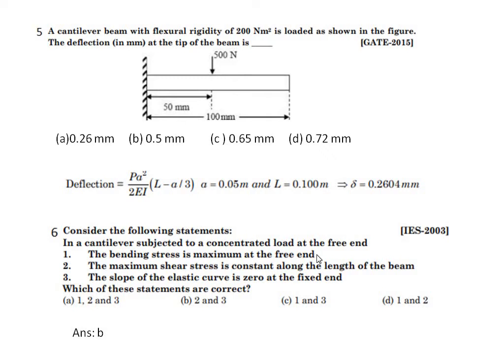At the free end, you know that the bending moment is 0. At the support, you know that the bending moment is F into L. You know the bending stress is M by I is equal to sigma B by Y. So bending stress depends upon the bending moment.